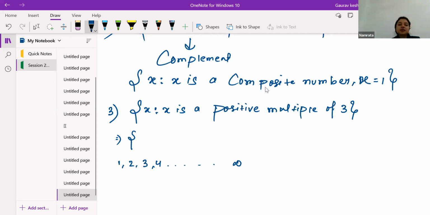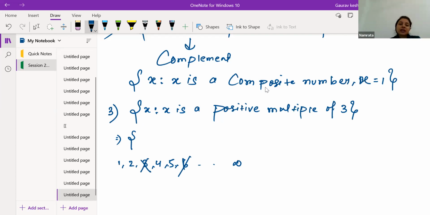So if we cut down the multiples of 3 from here, then the rest of the numbers are not multiples of 3, right? Yes. But don't write the word negative, because natural numbers don't have any negative numbers.